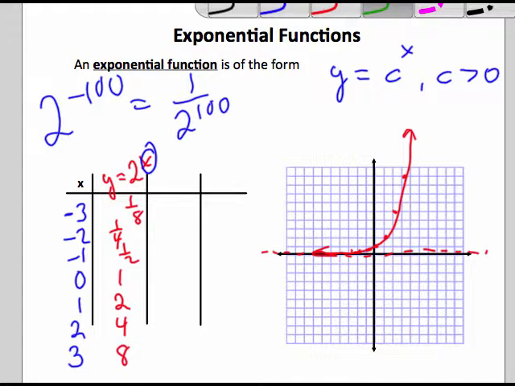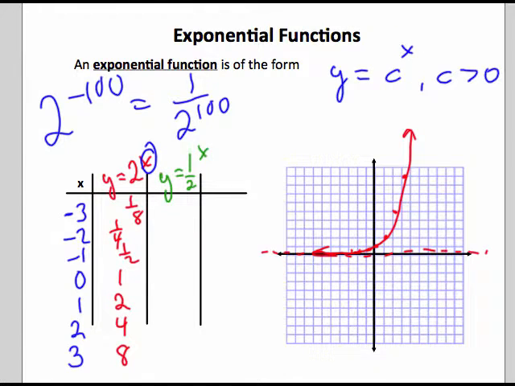But we said we wanted to explore the general shape of this graph. So let's take a different value for our base. This time I'm going to use a half. When x is 0, a half to the 0 is 1. A half to the 1 is a half, a half to the 2 is a quarter, and a half to the 3 is an eighth.